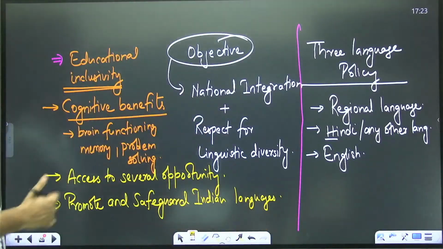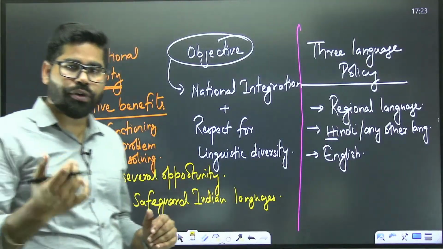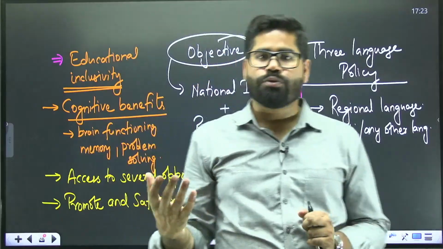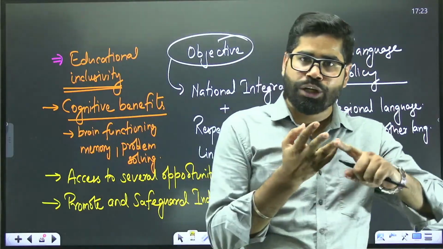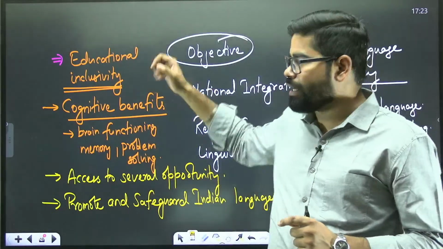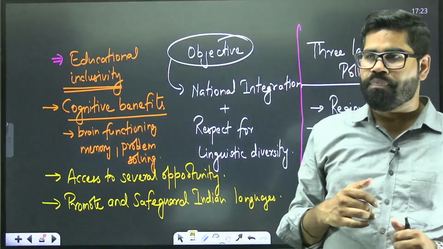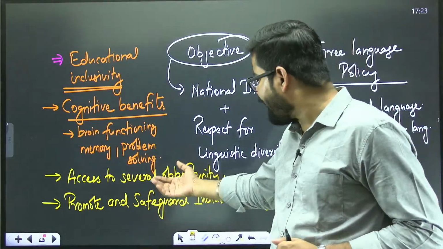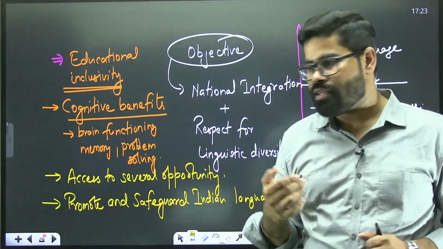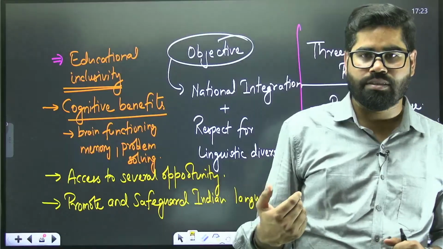So this is all what is being said by government, that if we have a 3-language policy, it is going to promote national unity, integrity and everything. It is going to provide educational inclusivity. Then cognitive benefits, plus access to several opportunities, plus promote and safeguard the Indian languages.